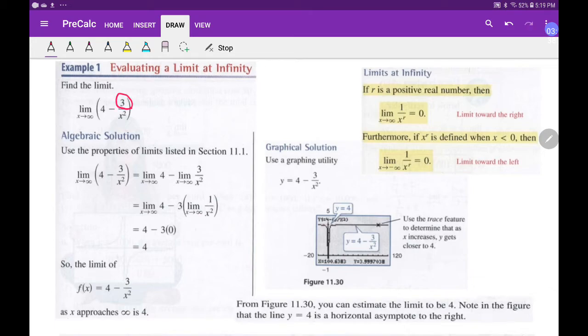For instance, 3 over 1 over 1,000 is equal to 3,000. So the 3 is really big, and the 4 is really tiny, and it's really, really negative, so it's way down here in the negative range. But then as x grows a little bit, the 4 takes over, and the bigger x gets, the closer to 4 it gets. That's what's going on here.